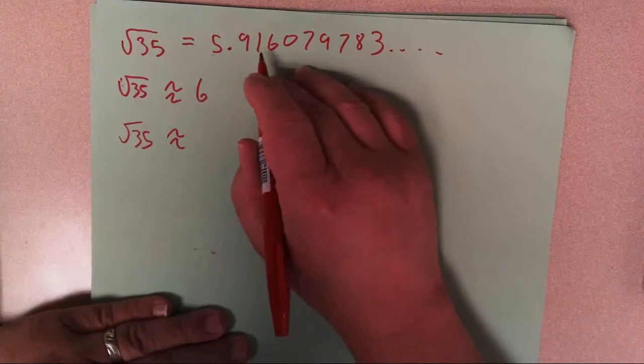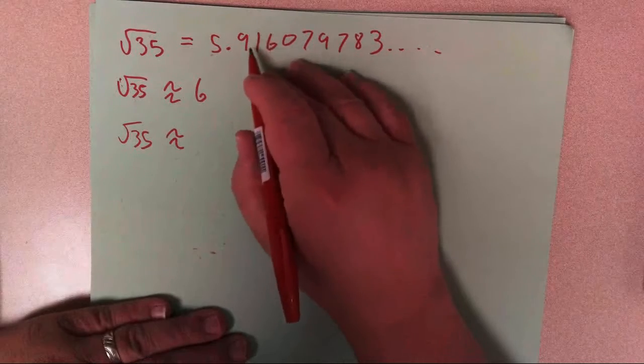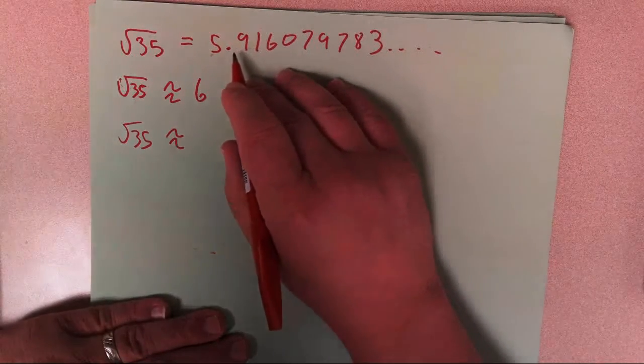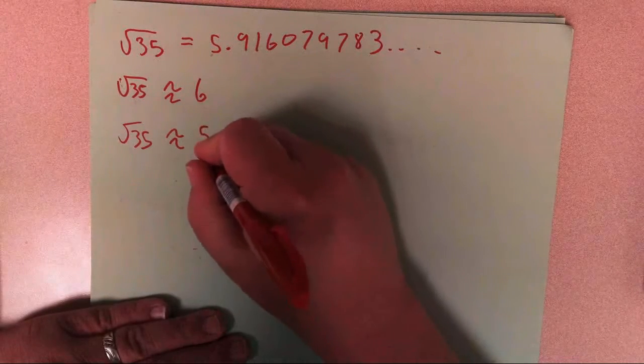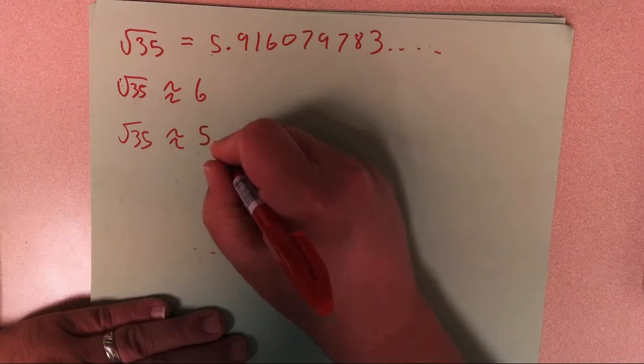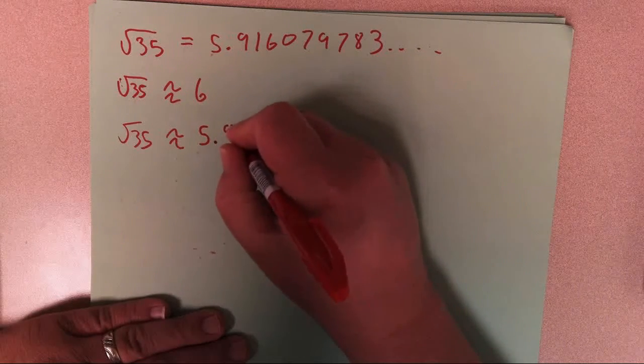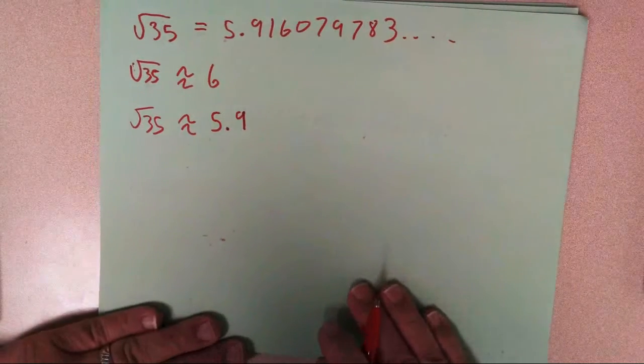Okay, now in this case, because this is a 1 here, I don't round that up to 10. I'm going to round it back down to 9. So this would be approximately 5.9. That would be to the tenths place.